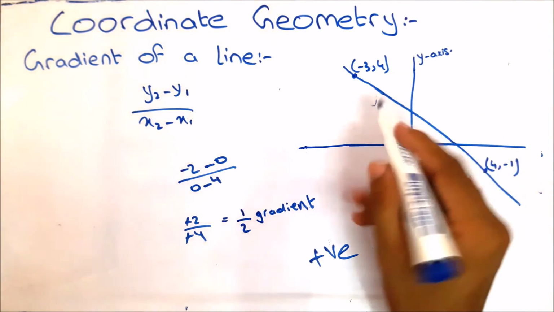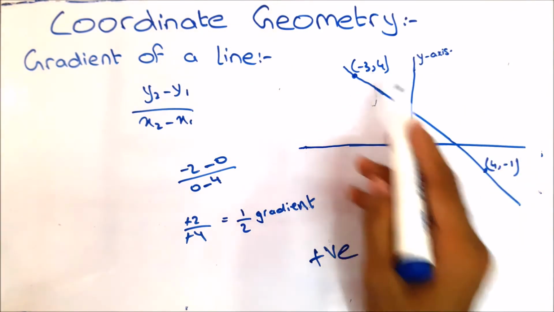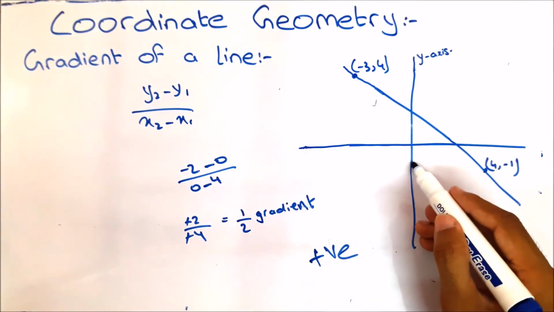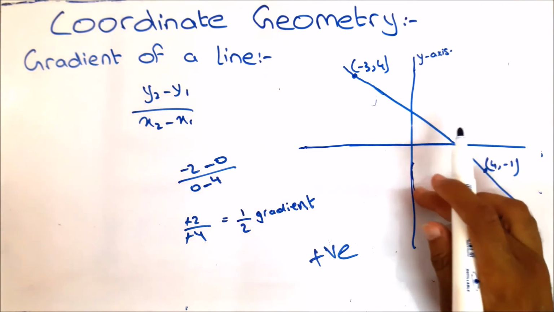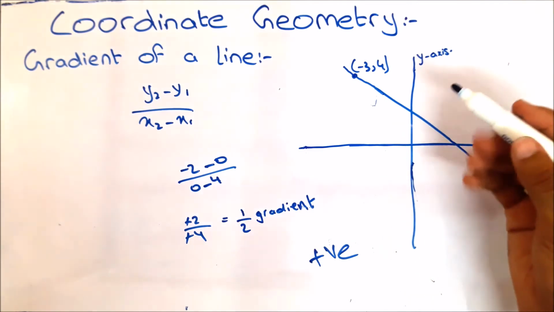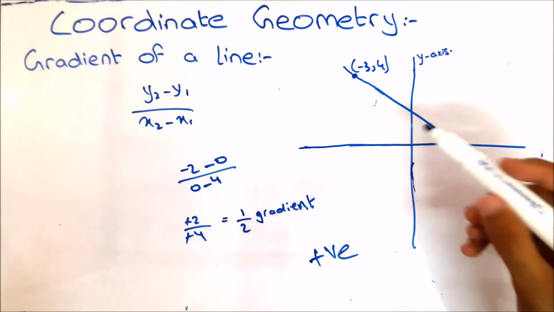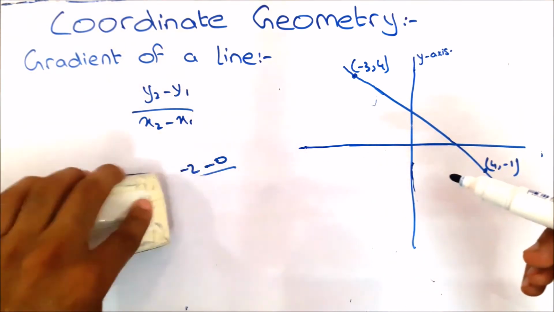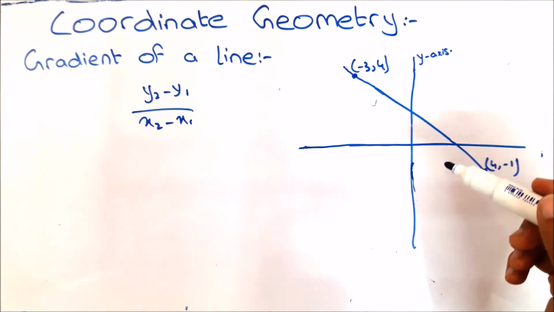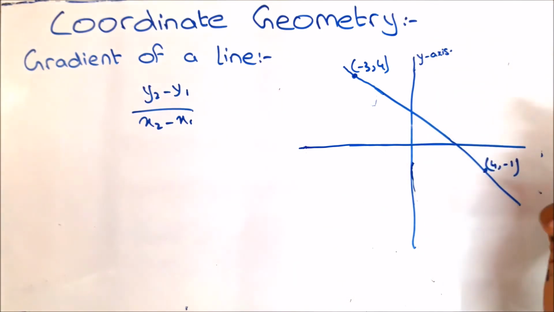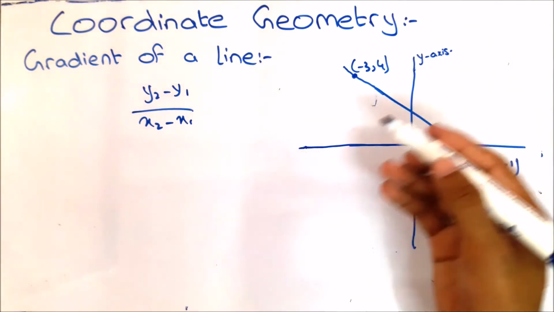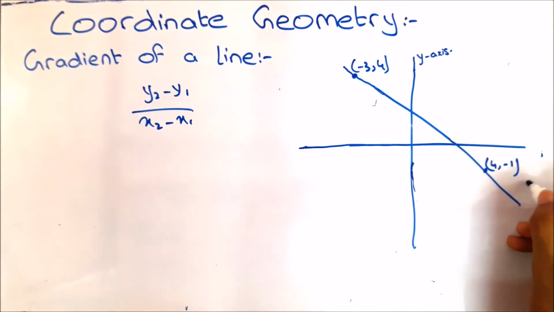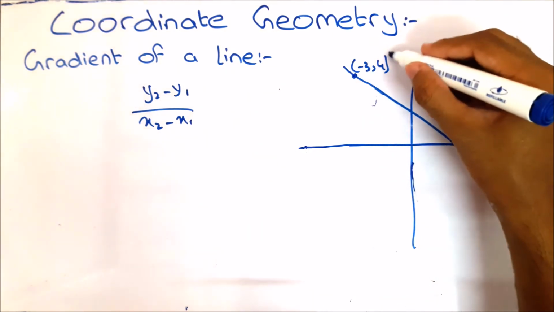Here I took 2 points: minus 3, 4 and 4, minus 1. As I said before, whenever your stick falls on the left side, the gradient will be negative. We will check it now. Let's call this point P1 and this P2.